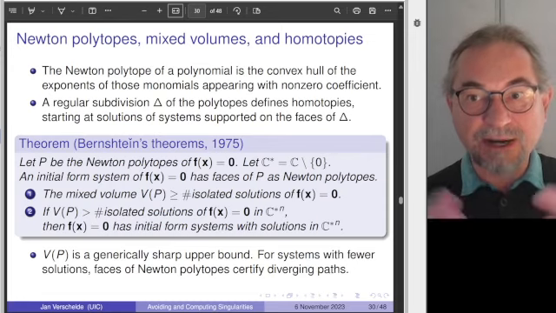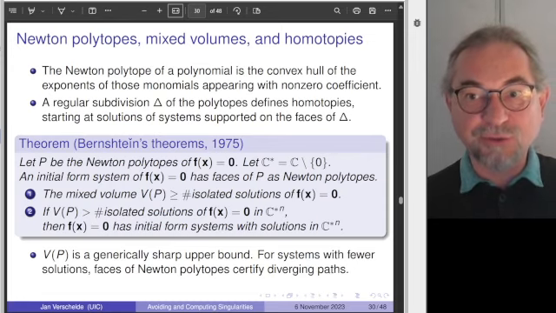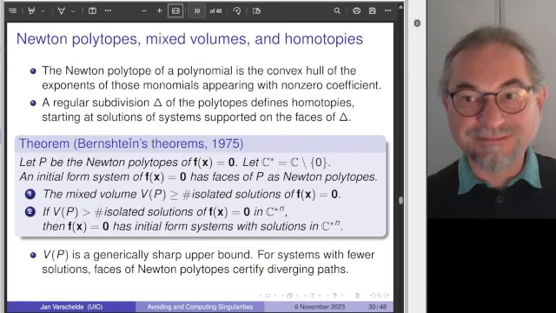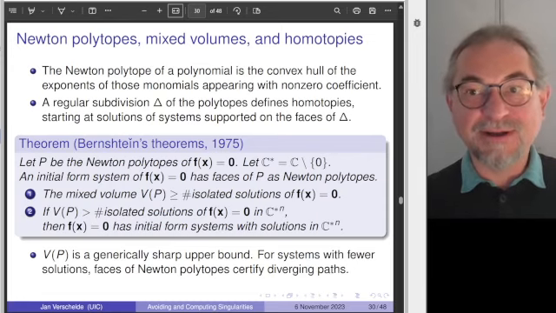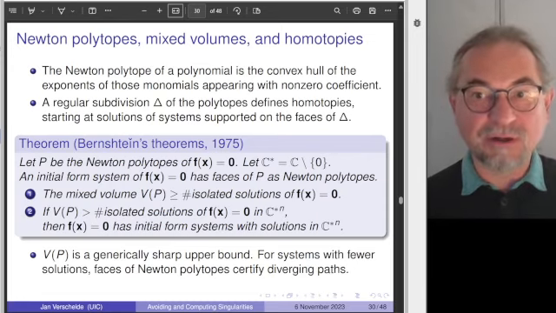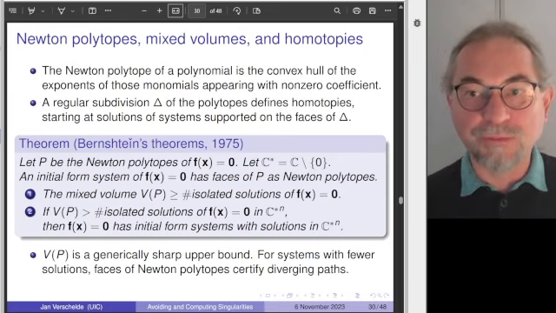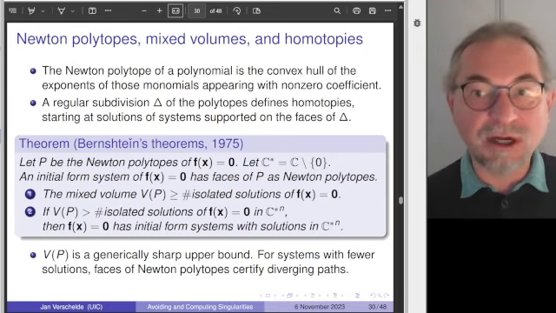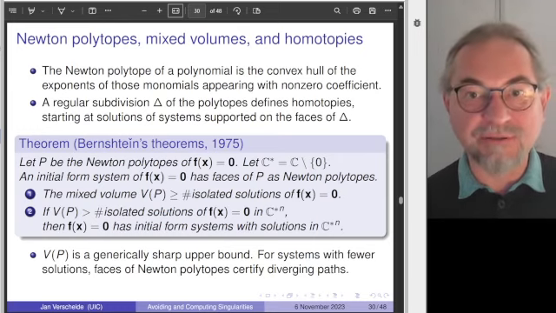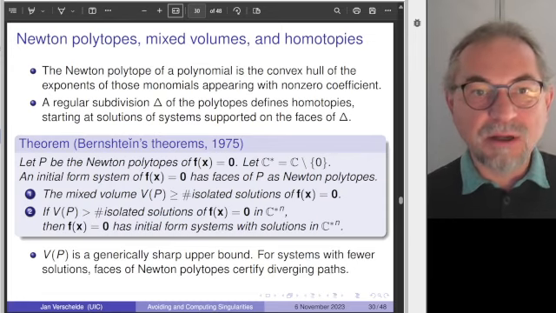That's why they capture the sparsity. The Newton polytope of a dense polynomial is always the same triangle, although you could choose your monomials very strategically. If all the highest degree monomials are there, then you have a simplex as well.